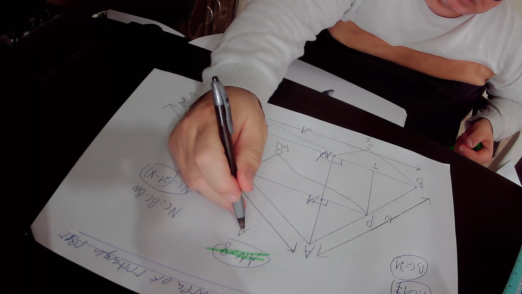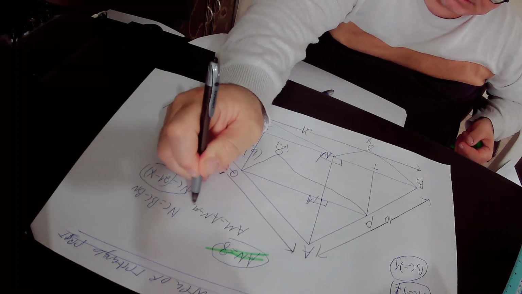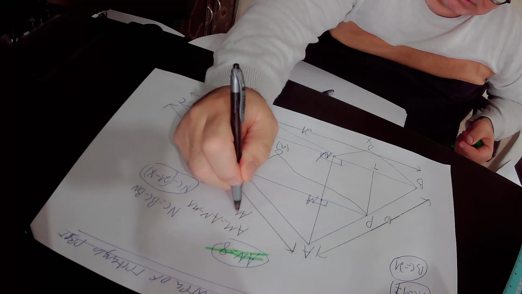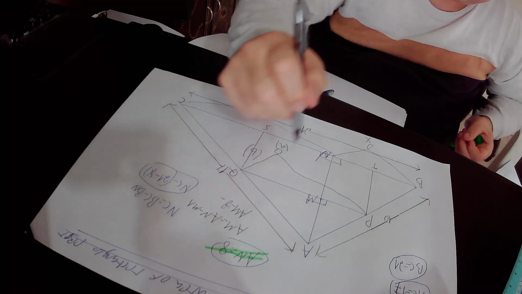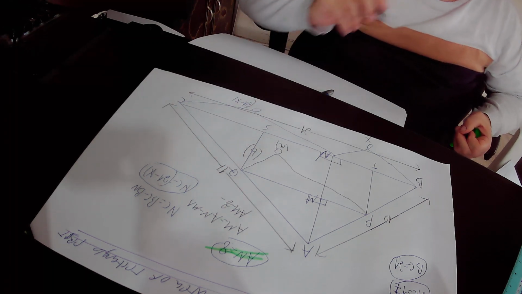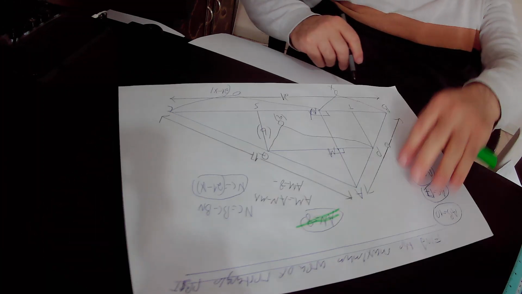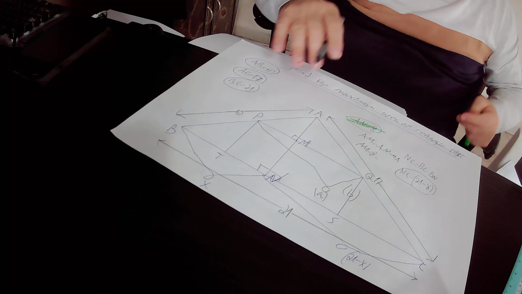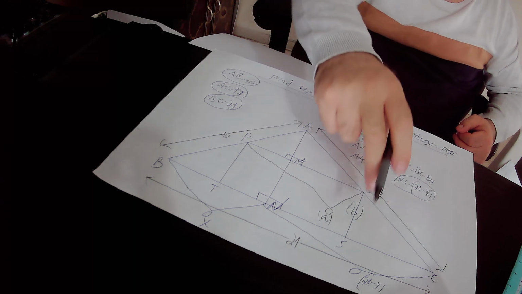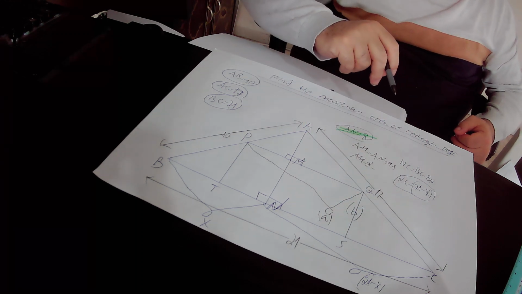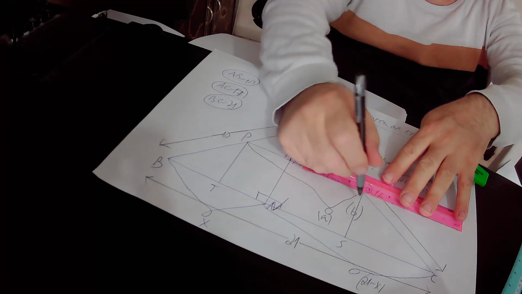AM equals AN minus MN. So AM equals AN, that is 8, minus MN. Before that, we know that all the angles inside a rectangle are right angles, so those two angles in rectangle PQST, each of them is equal to 90 degrees in its size.